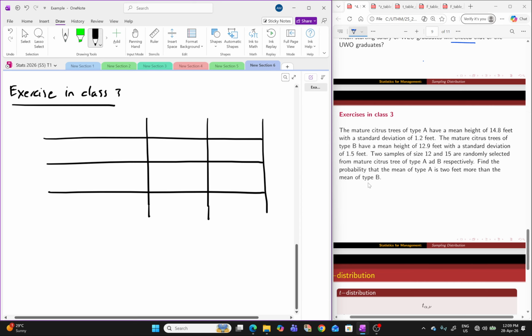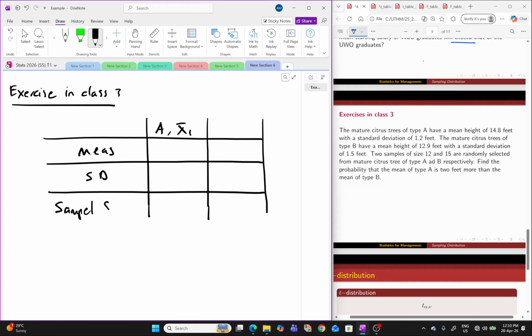The major citrus tree of type A have a mean height, mean standard deviation, sample size.